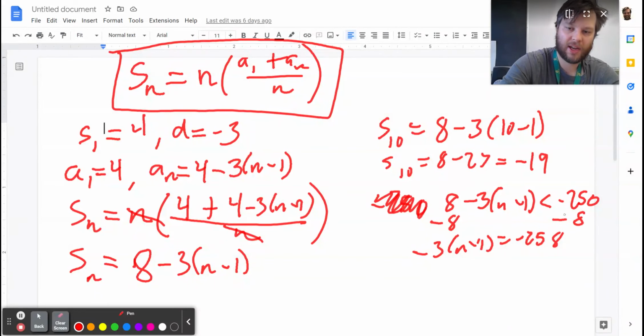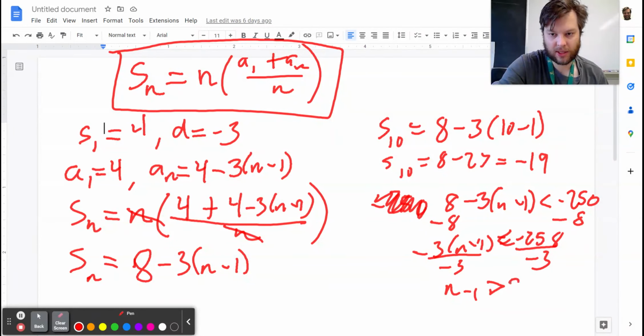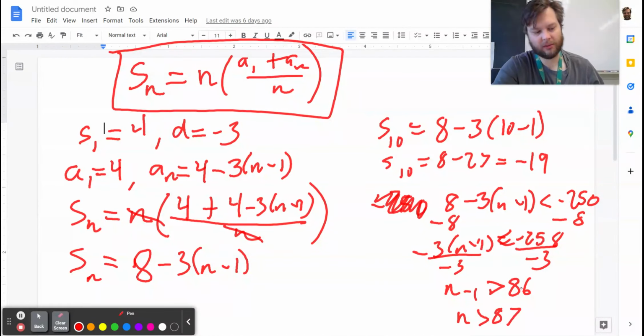Then divide by negative 3. So I get n minus 1 is greater than 86. And then add 1 and get n is greater than 87.